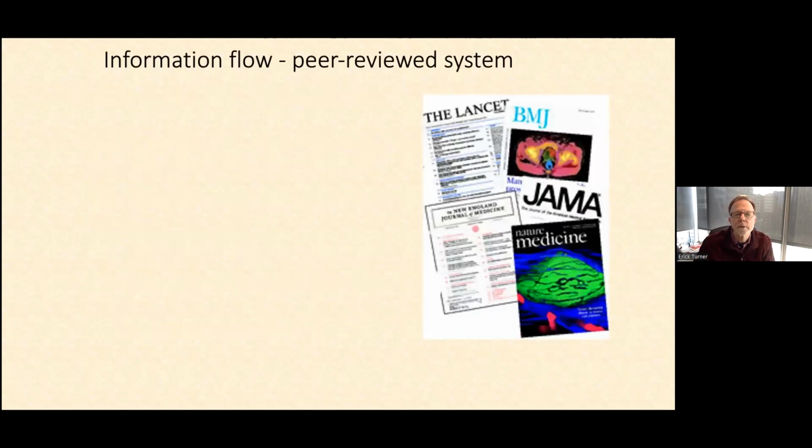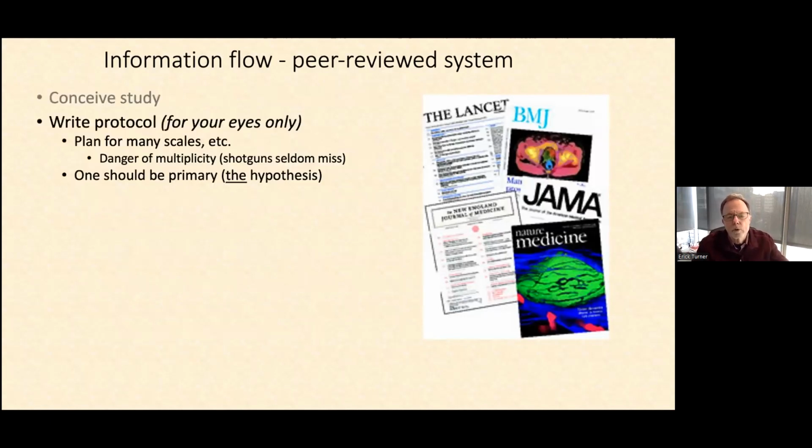So here's basically how information flows in the peer review system. Someone conceives of a study, they write their protocol. Protocols are often only for the eyes of perhaps the grant review committee and the investigators themselves. You might plan for a number of scales. If you're looking at depression, for instance, you could do the Hamilton Depression Rating Scale, you could do the MADRS scale.